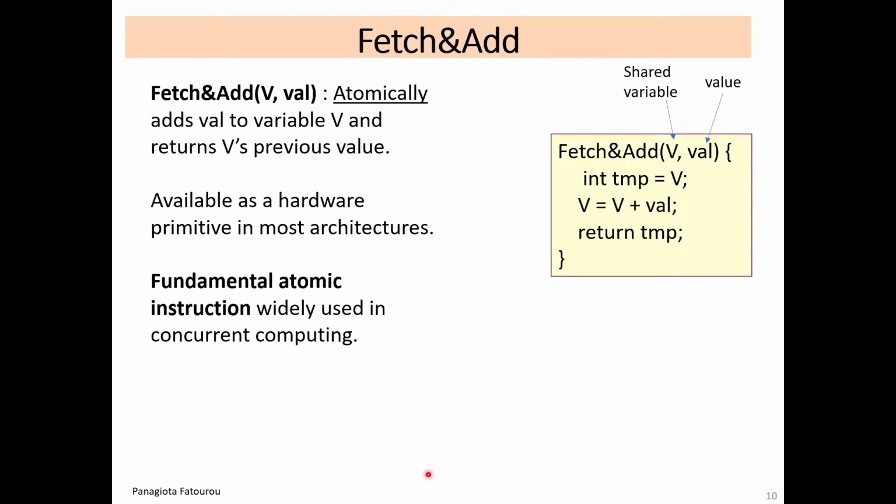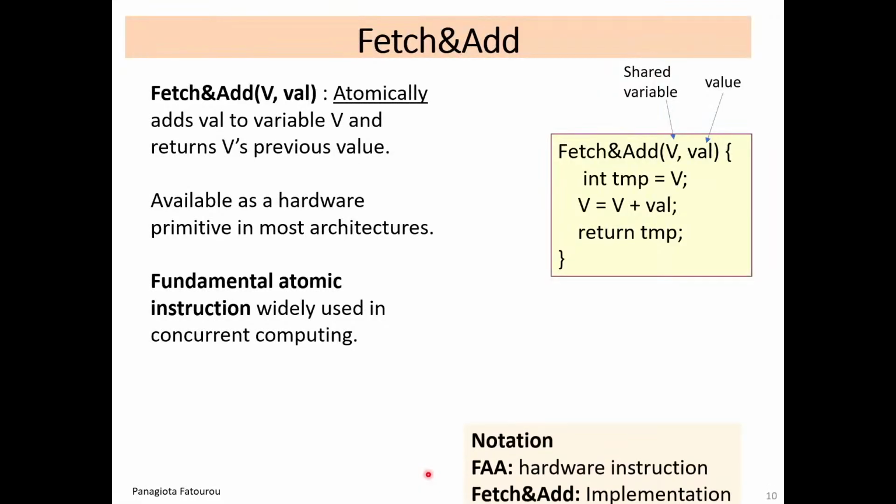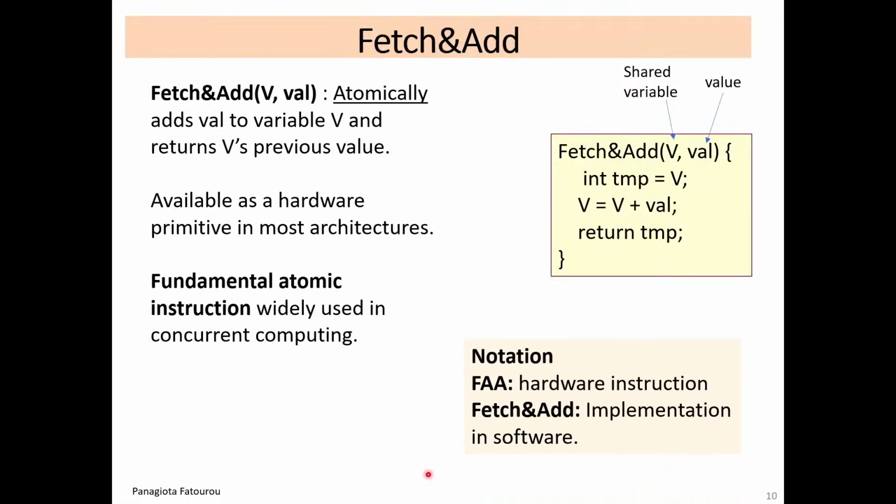The hardware does it fast, whereas with compare-and-swap you have to repeatedly compare and swap, and this has a cost. Okay, just a small note about notation. I have implementations of fetch-and-add in software, and I'm going to use the notation FAA for the hardware instruction, and the notation fetch-and-add for the implementations in software.